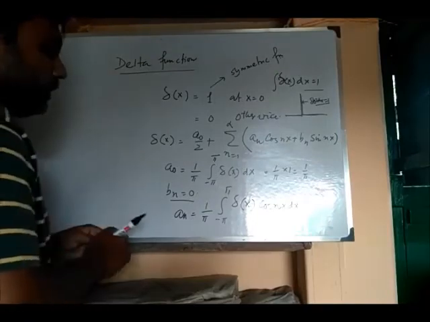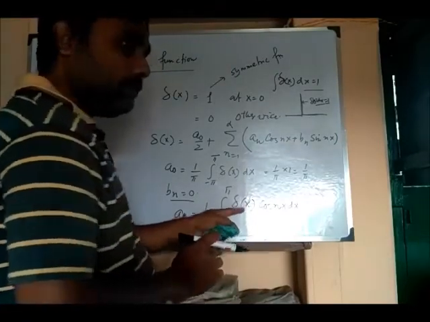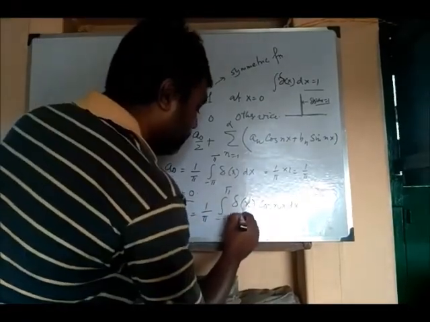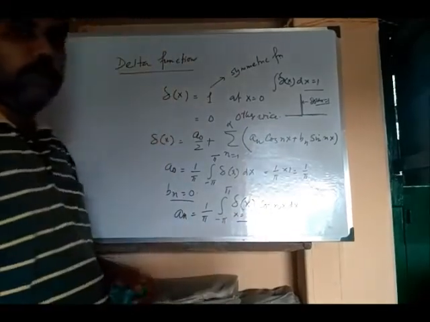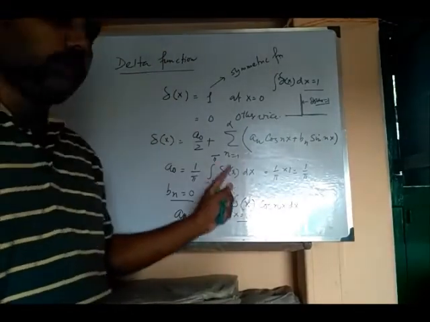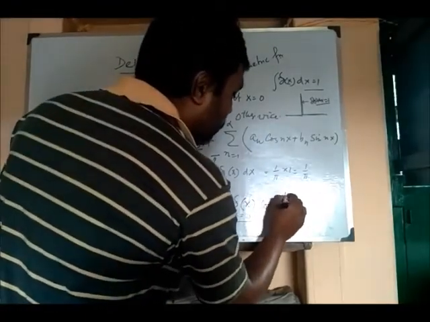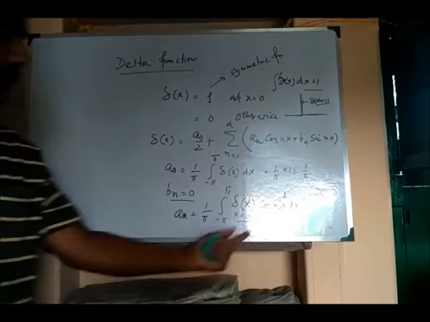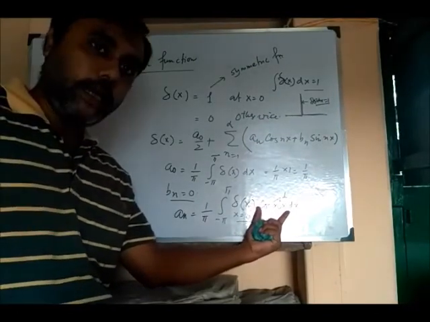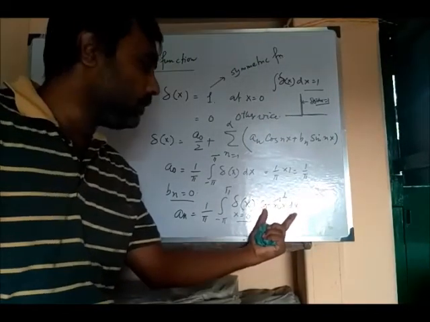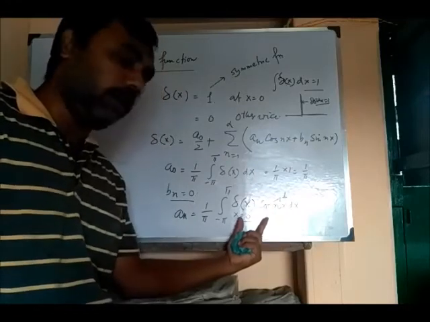Now what is the value of this an? Because this function is valid only in the vicinity of x equal to 0, and in the vicinity of x equal to 0, the cosine nx gives me just 1. So cos 0 equals 1.